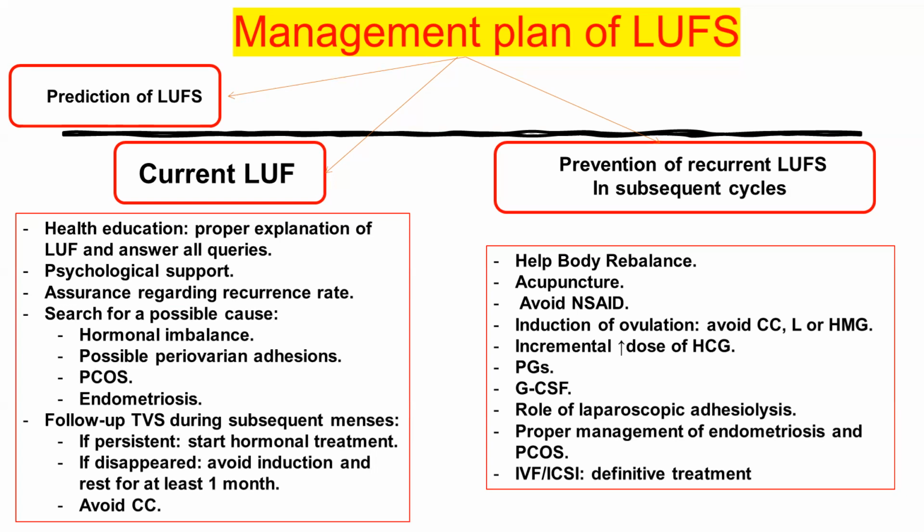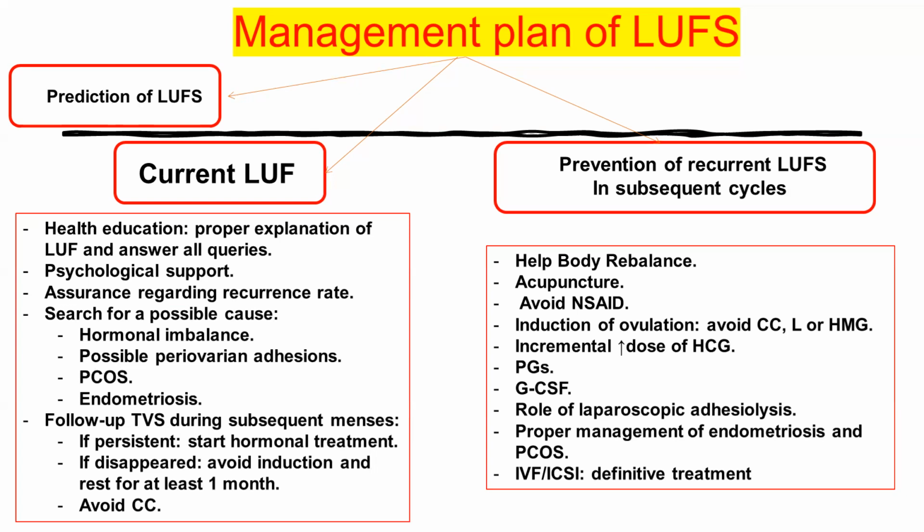But now we have two types of management. If we have a patient diagnosed with LUFS, the patient is usually depressed because she is under the stress of treatment and timing of intercourse or preparation for IUI or whatever. So you will say to her that the follicle did not rupture and you will not be pregnant this cycle. This carries a psychological problem and actually trauma to the patient.